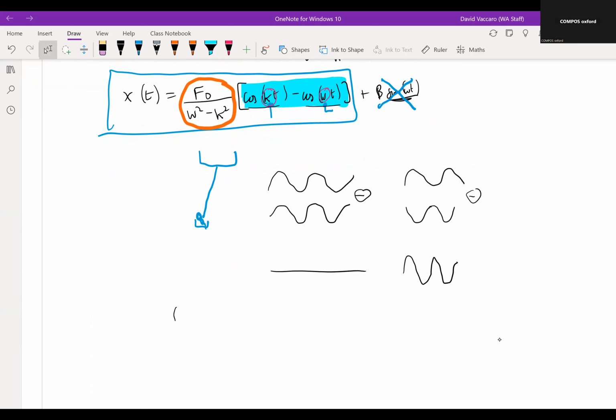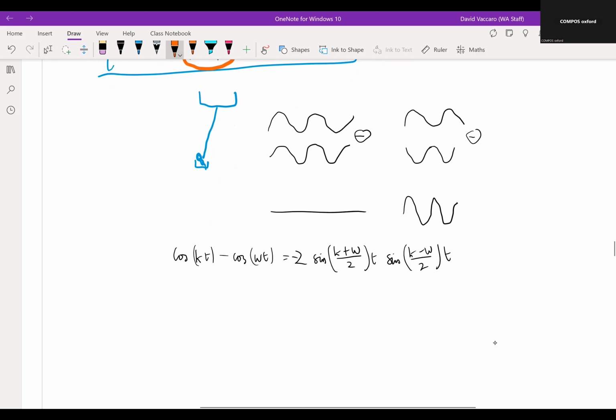Now, if you want to see this mathematically, you probably know that there's a formula for the difference between cos waves. You get cos kt minus cos omega t is minus 2 sine of (k plus omega) over 2 t, times sine of (k minus omega) over 2 t. So if k and w are close, this is just like a sine wave which has approximately angular velocity of omega.